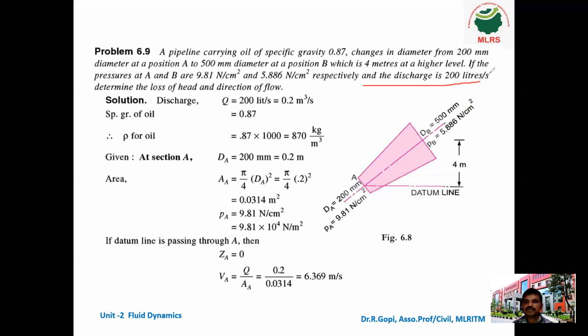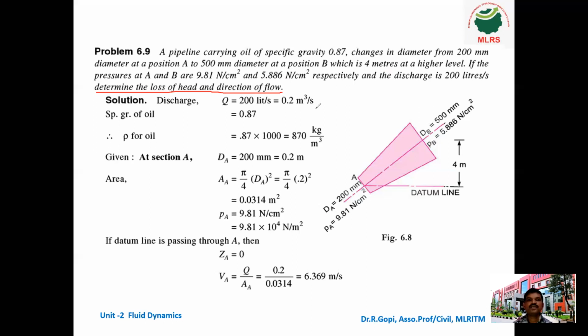Please note they have given liters, not meter cube per second, so we can't take it directly. First we have to convert liters into meter cube per second. What are they asking in the question? Determine the loss of head and the direction of the flow. So in which direction does the flow take place, either from A to B or from B to A? So this is the question.